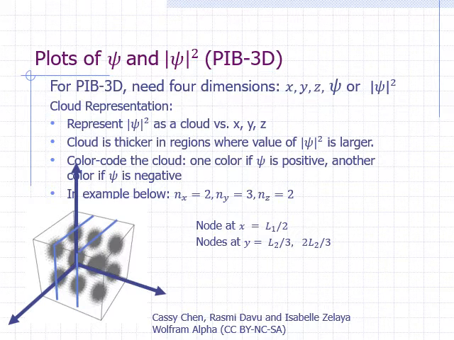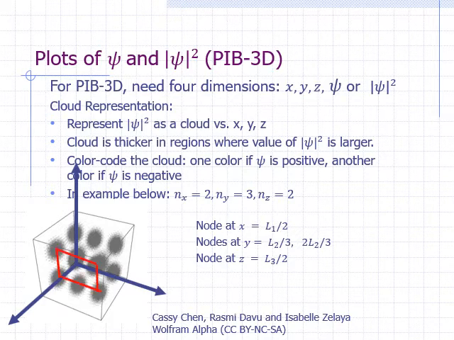With n sub z equal to 2, there is also one node along the z-axis at z equals L3 over 2. This is a plane parallel to the xy plane. This plane divides the box into 2 sections. Altogether, the nodes separate the box into 12 sections, and the probability density is a maximum in the center of each of these 12 sections.